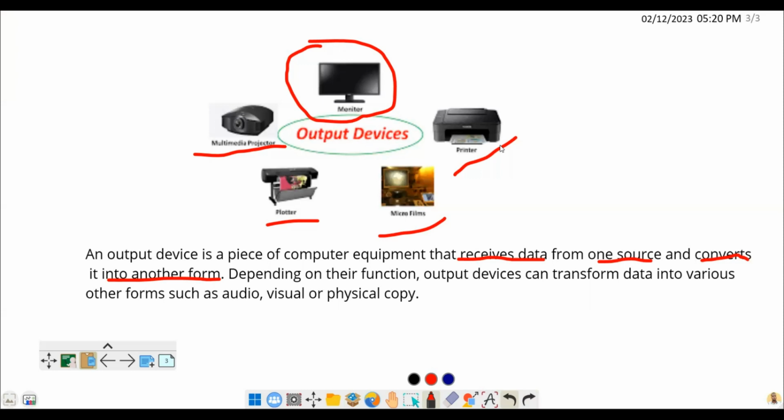You use a microphone to enter data. The microphone is input. But because you want the data to be heard at a higher distance, you have to use speakers as output. So generally, these are some of the output devices that I've been able to gather for you guys.